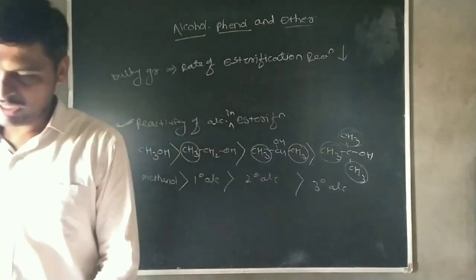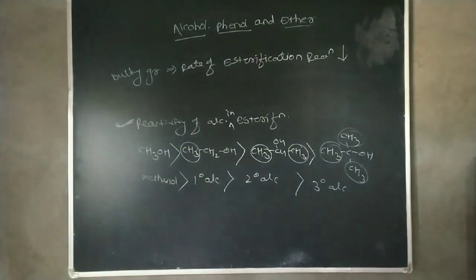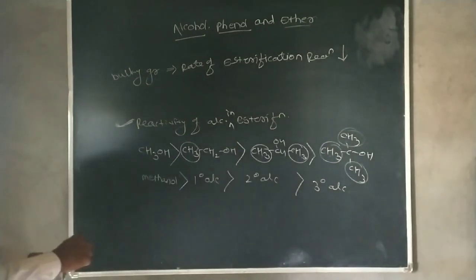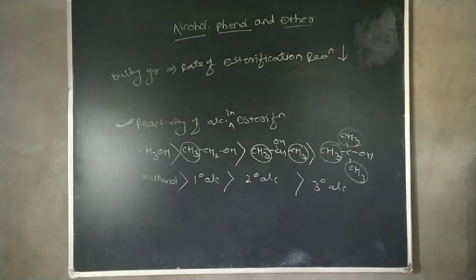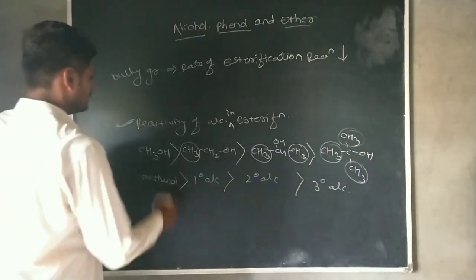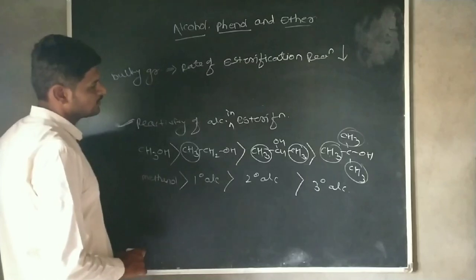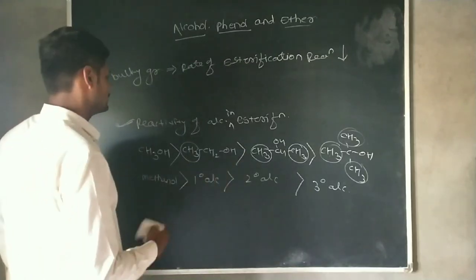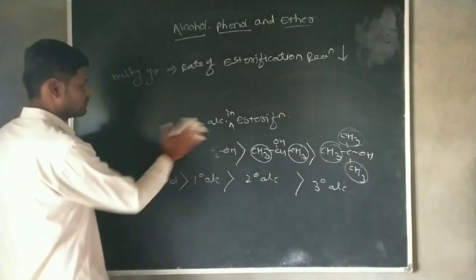As well as by using carboxylic acid, the product of esterification reaction also depends on the order of carboxylic acid. It depends on the alcohol, and also it depends on the reactivity of carboxylic acid.